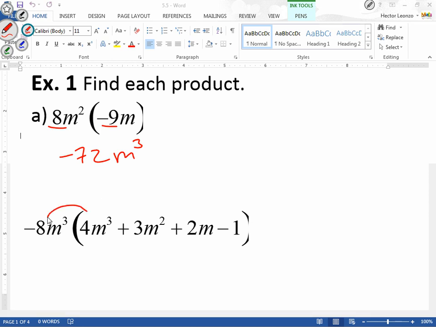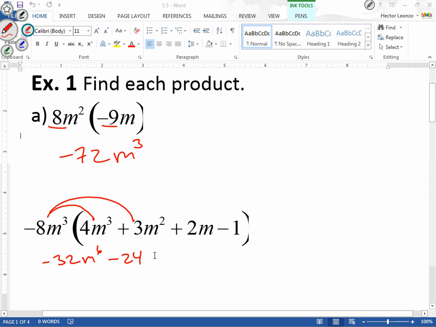So when I multiply to the first term, remember coefficient-wise, just multiply normally. -8 times 4 gives me -32. When it comes to exponents, just add the exponents. So m to the 6. Now when I multiply to the second term, -8 times 3 gives me -24. Add the exponents, so I'm going to have m to the 5.